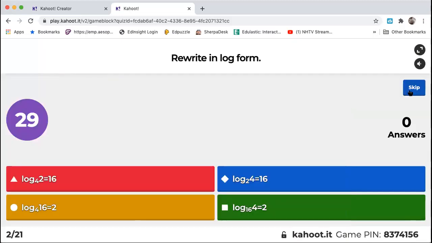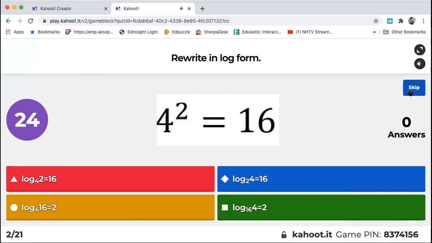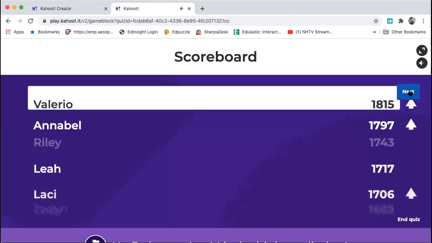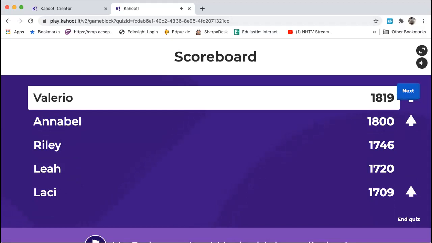Write this in log form. So that's the exponential form. Not sure why it's not showing up. Oh, there it goes. It might be frozen in here. Let me see. Oh, okay.